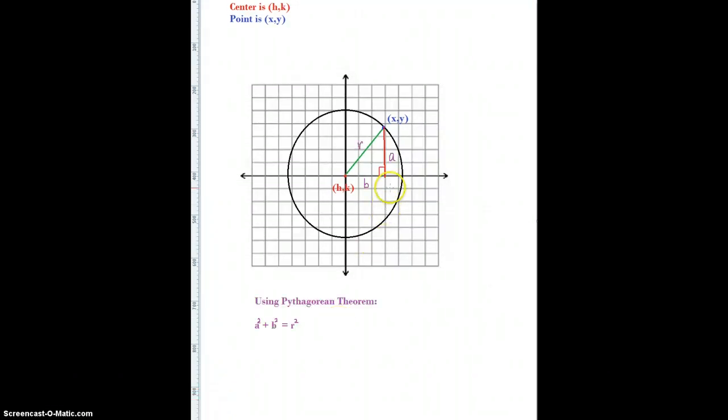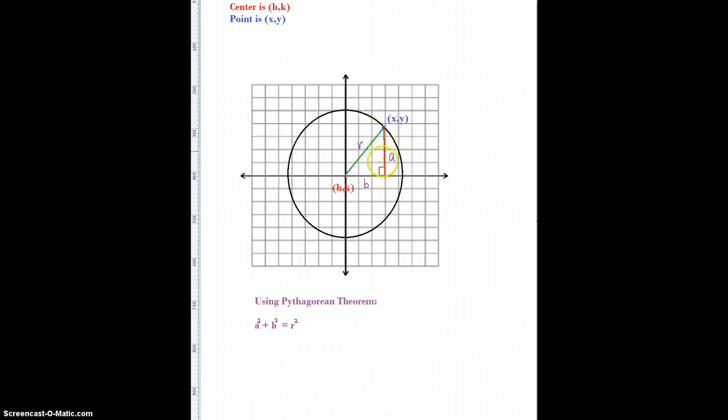So if we then drop a line directly down and make a right angle, we would have a right triangle here. Now we know what this point is, HK, because we named it HK, and we named this point XY. Before we name this mystery point here, I want you to notice that we can use the Pythagorean theorem to find the radius.